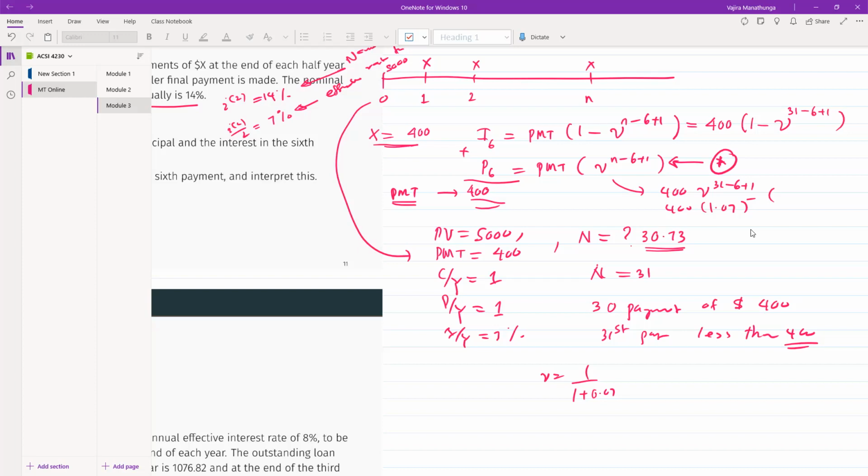That's going to be 26. So that would give you P6. If I solve this, that would be $68.878. And then the interest would be 400 minus that.